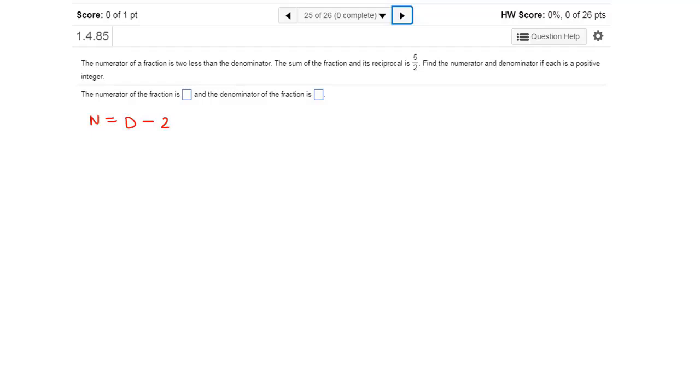Find the numerator and denominator if each is a positive integer. Okay, the sum of the fraction and its reciprocal. So let's start here. I'm thinking x right here, that's the numerator.